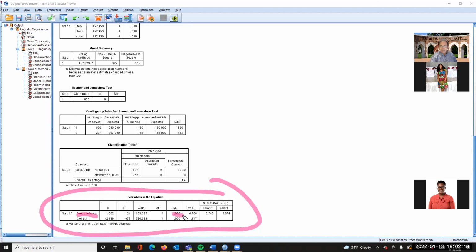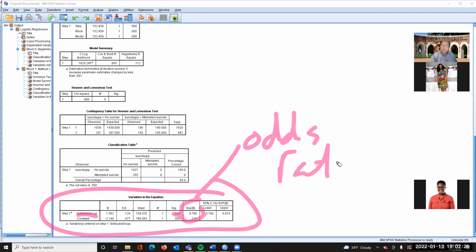So how do we interpret that? You look at the odds ratio. You see that it is 4.77. What does that mean?